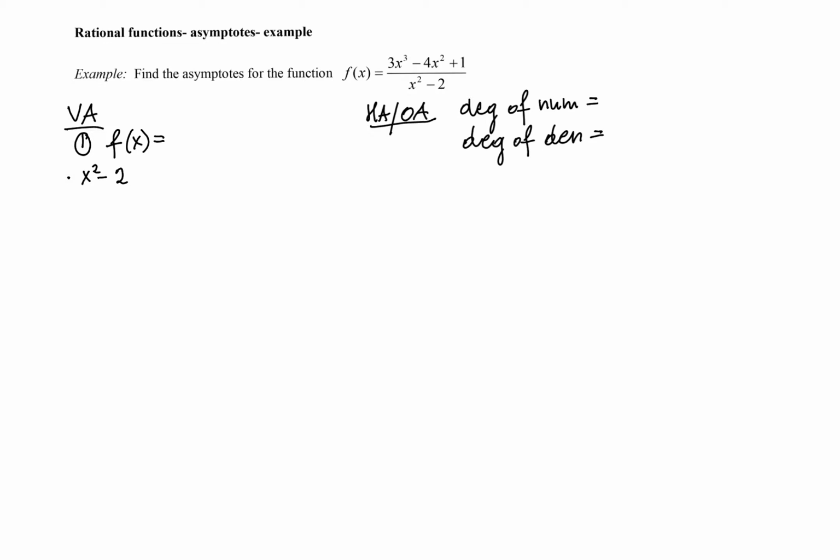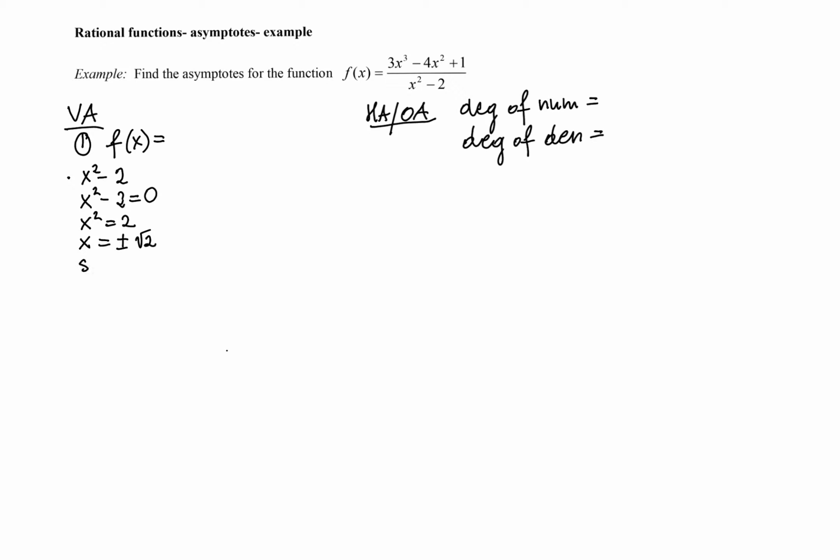If you remember, if c is a 0 of the polynomial, then x minus c is a factor. So what we'll do is find a 0 of the polynomial x squared minus 2: make it equal 0, solve for x, and the solutions are plus or minus square root of 2.